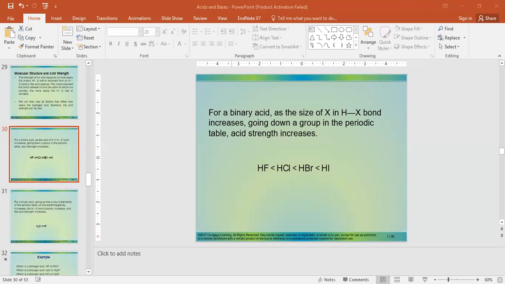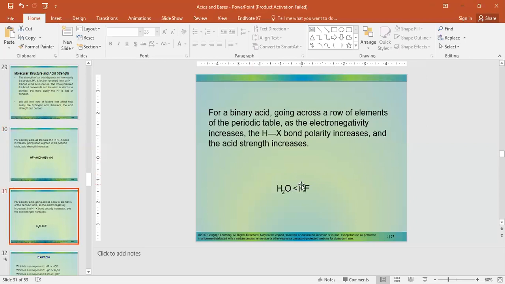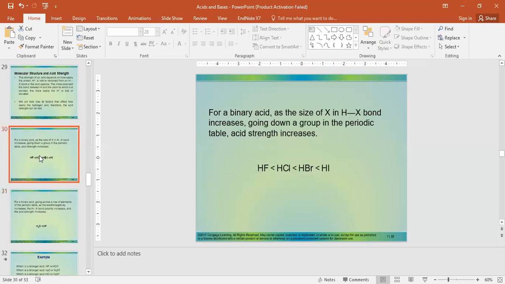I was saying that in hydrogen fluoride, hydrogen is almost losing the electron. Are you talking about this comparison or this comparison? The first one, the halogens. The bonding electron is much closer to fluorine than to the rest.